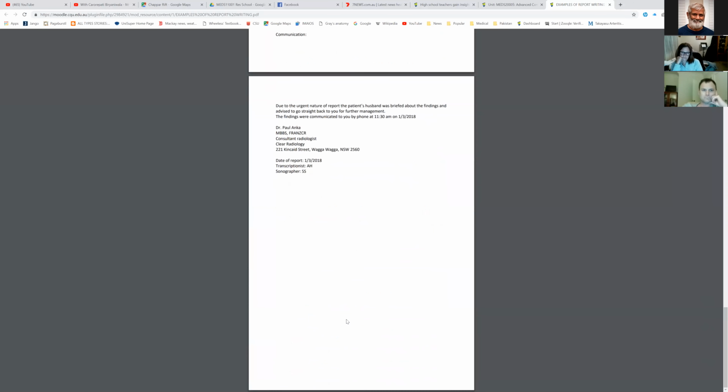Okay, so now you would understand how a report is written and what are the main requirements of writing those reports. And all of this is mentioned in the Royal Australian and New Zealand College of Radiology's working document, okay, which you can basically see on here, which is probably a fourth, fifth one.